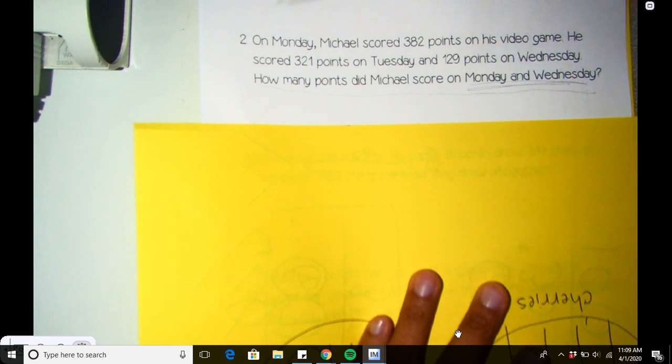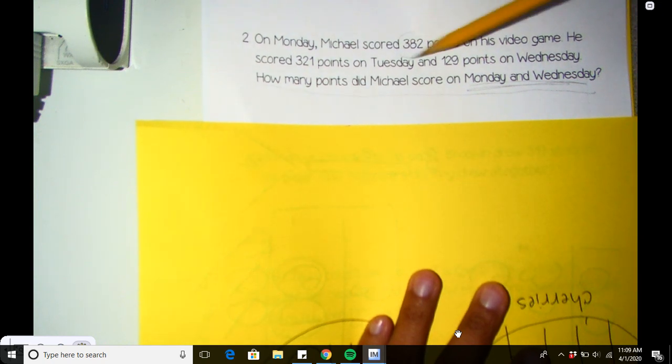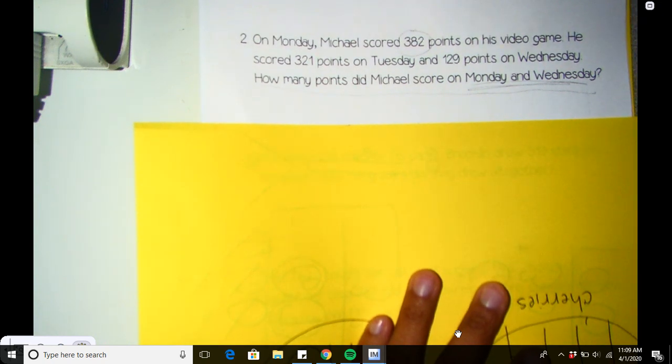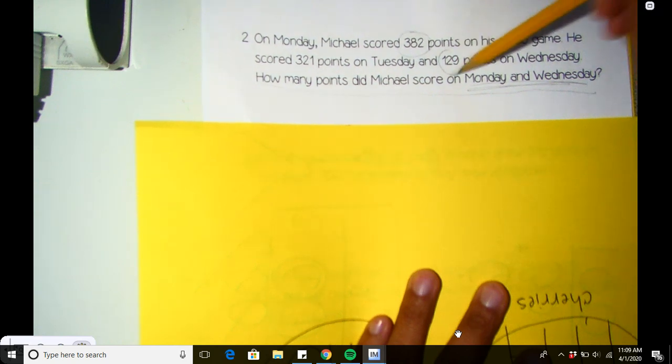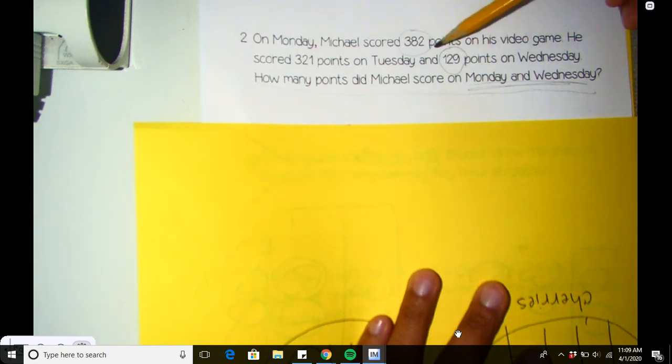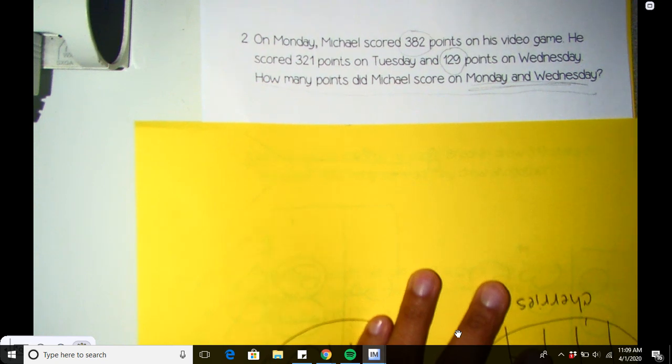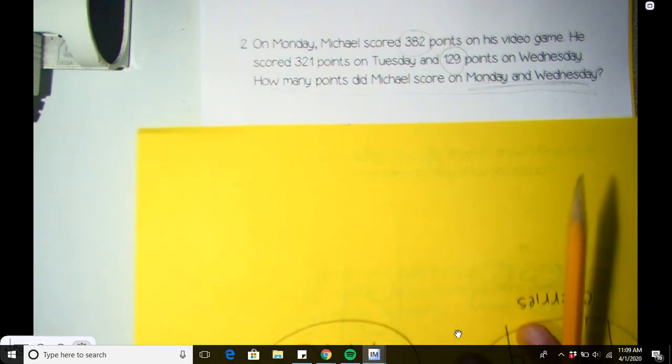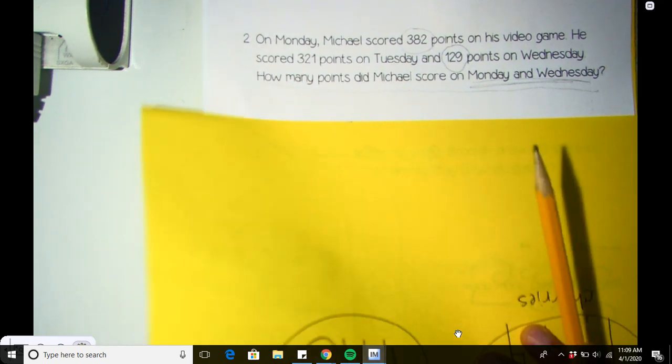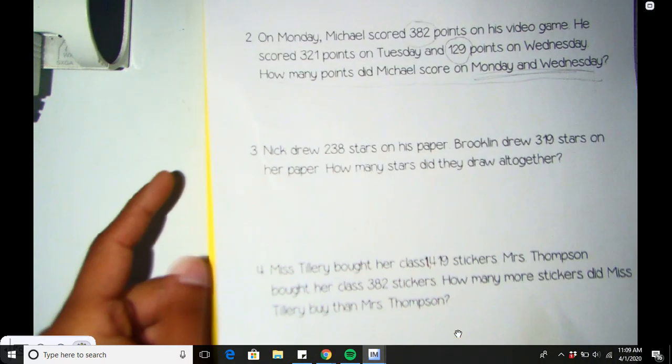And if I look at the problem, on Monday, we scored 382. He scored 321 on Tuesday, but I don't need to know about Tuesday. So I just move on, and 129 points on Wednesday. So I'm really only adding 382 plus 129. Sometimes in problems they'll give you extra information. You've just got to pay attention to see what you need.